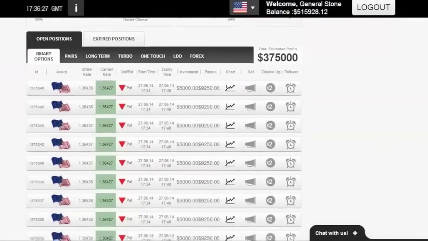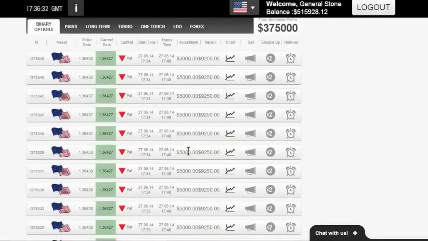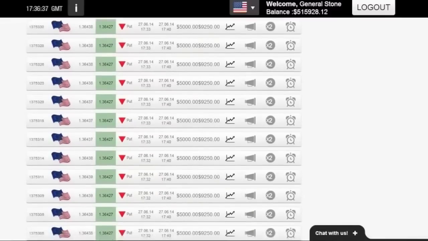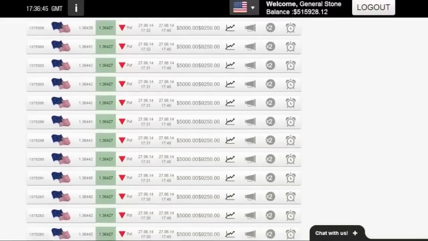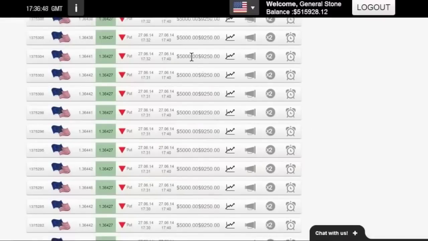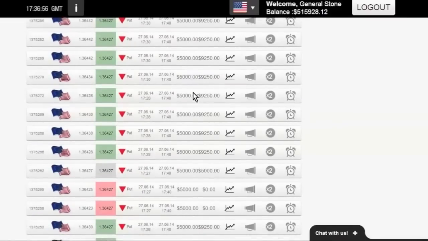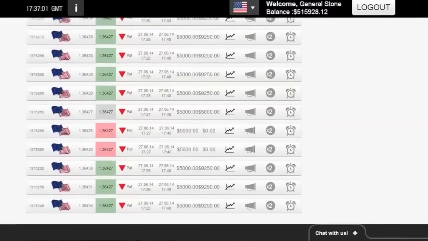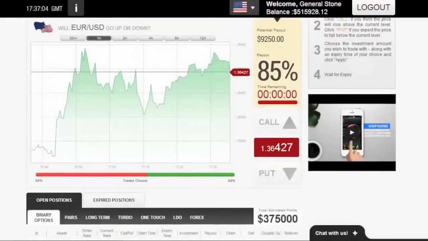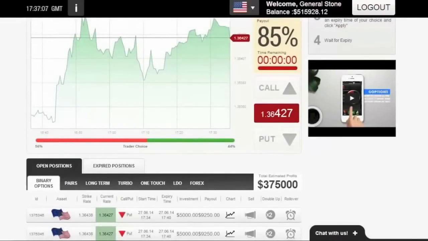Let's count the open risks together. So we've got 10, 20, 30, 40, 50,000, ending in trade 330. 10, 20, 30, 40, 100,000 together, ending in 306. 10, 20, 30, 40, 50, that's 150,000, ending in 285. 10, 20, 30, 40, that's $200,000. $215,000 open for a potential return of $375,000.